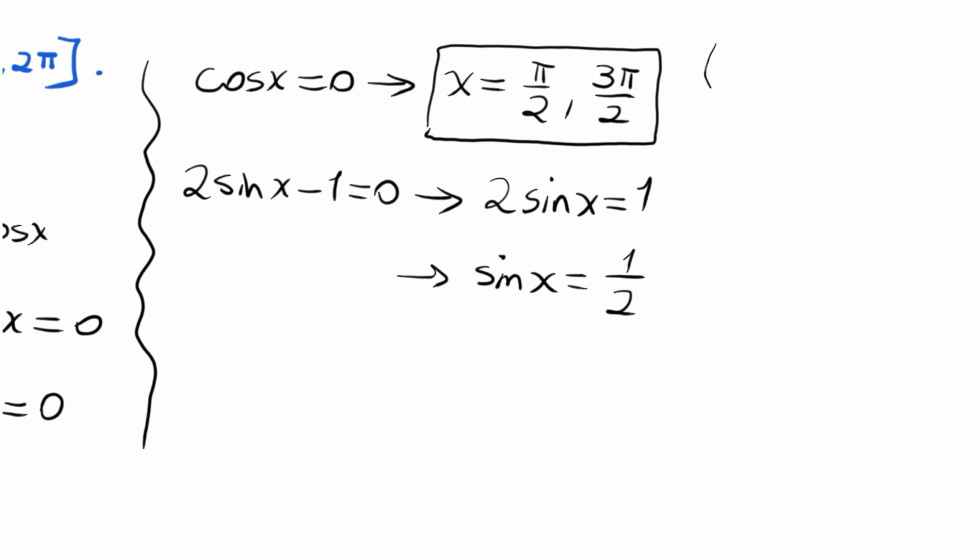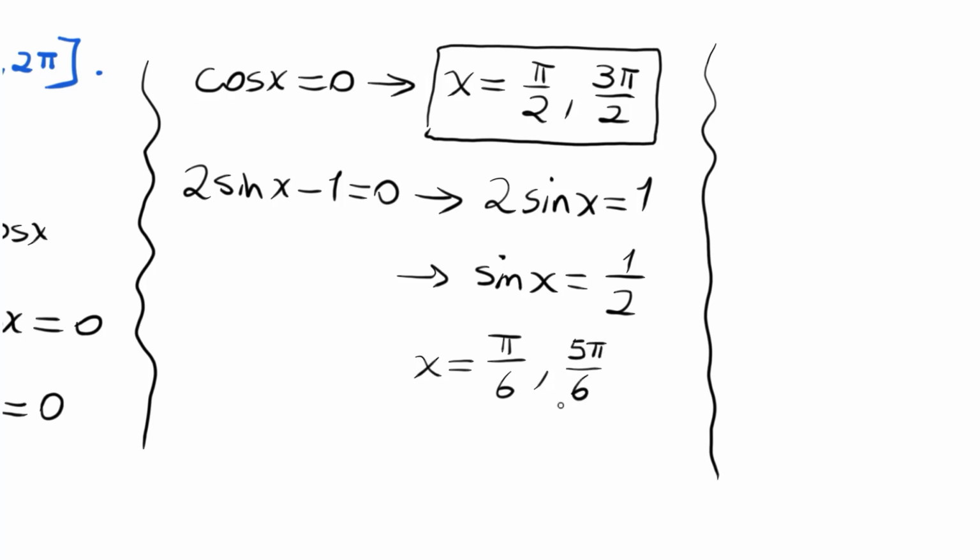Again, if we remember the special angles, sine x is 1 half for 30 degrees and 150 degrees, which is 5 times pi over 6. And this is it. We found 4 different values for x angle from our first method.